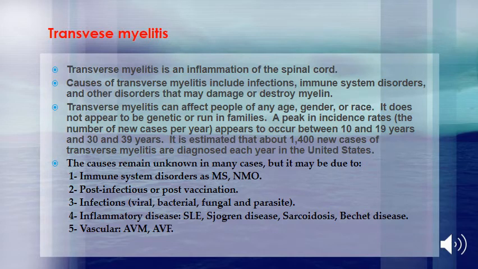The causes remain unknown in many cases, but it may be due to an immune system disorder like multiple sclerosis or neuromyelitis optica, post-infectious or post-vaccination myelitis, infection like viral, bacterial, fungal, and parasitic infection, inflammatory disease like SLE, Sjogren disease, sarcoidosis, and Behçet, or vascular myelitis due to infarction, AVM, or AV fistula. And we will talk about transverse myelitis in detail in another lecture.